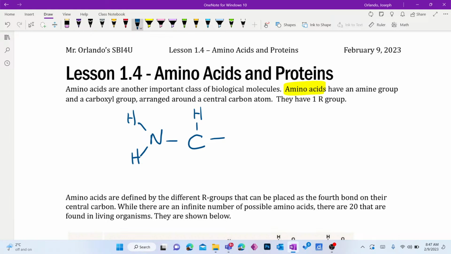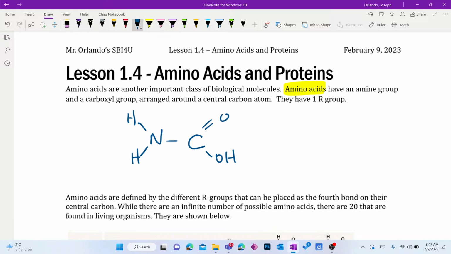How do I take care of the acid portion of it? Where does that go? Could I put it on this carbon? Maybe. I could. The only problem is, if this is a functional group, what else does it have to do? Function. Well, it has to attach to whatever you're attaching it to. As this is drawn, can it attach to anything?